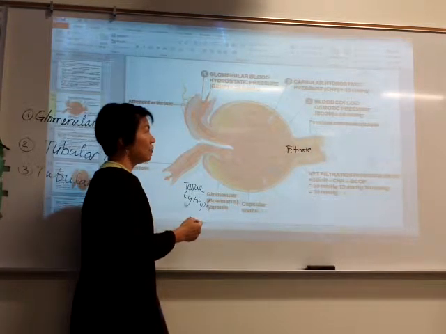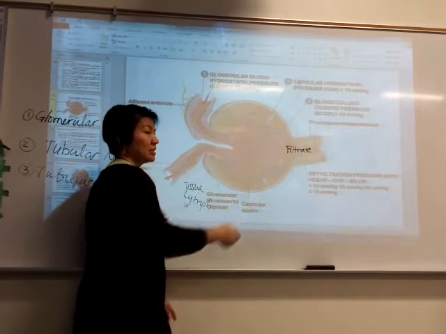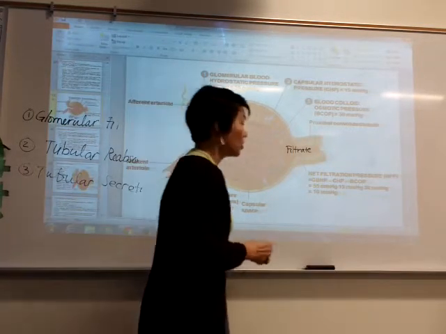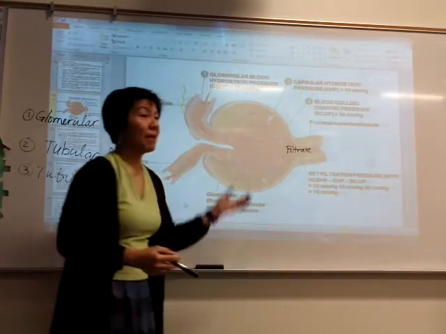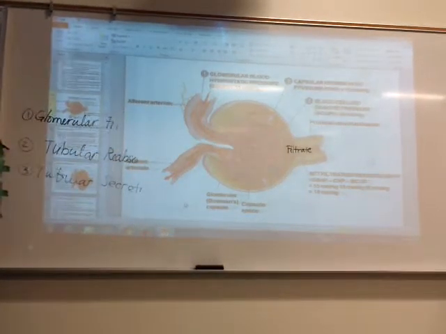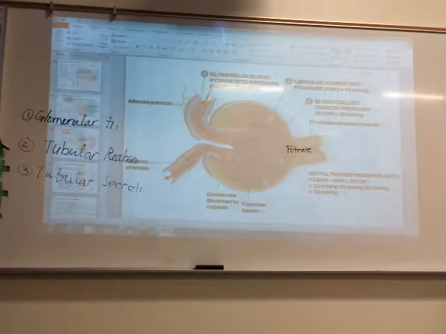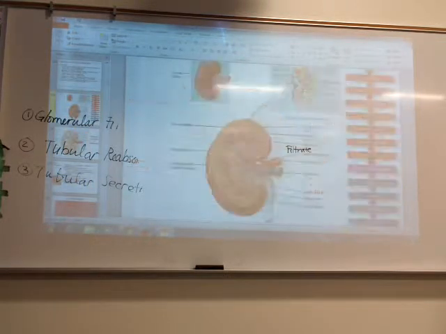Filtrate is the fluid that's in your tubules, beginning with your Bowman's capsule, all the way until it gets to your pelvis. For our purposes, you cannot call it urine until it gets to the pelvis. That is the only time it is properly called urine for our purposes. Okay, right here in the pelvis.